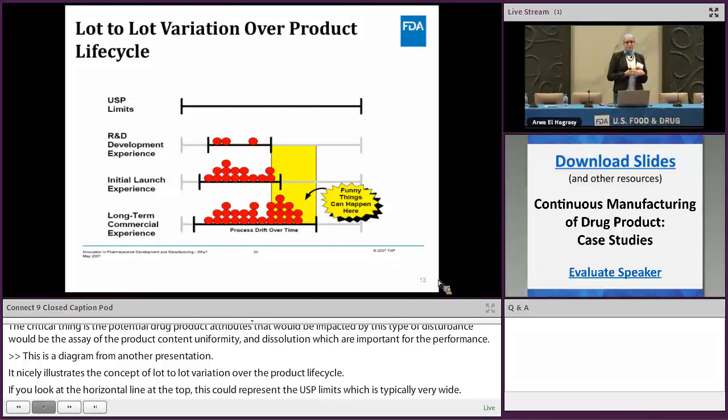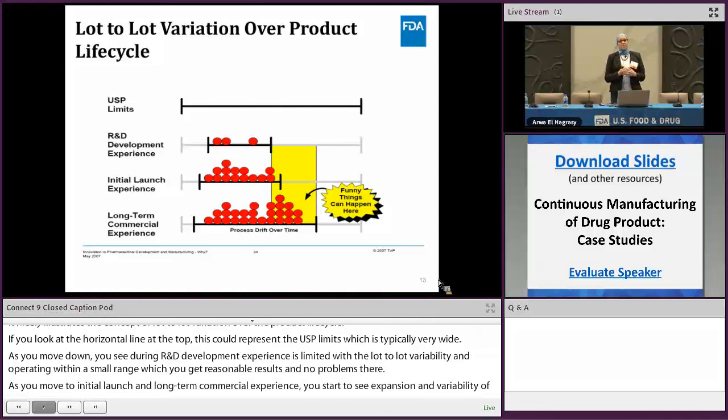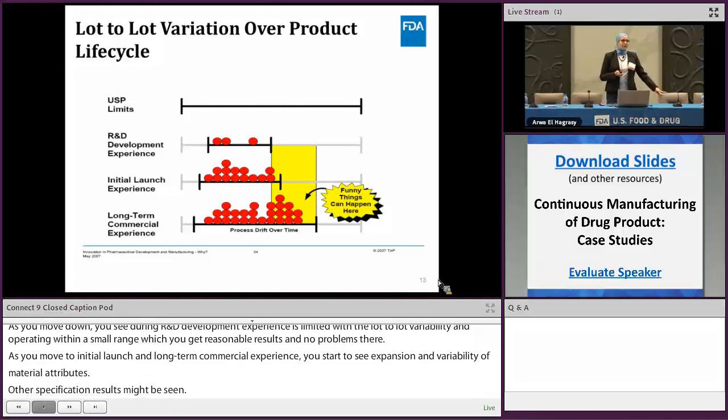As you move to initial launch and long-term commercial experience, you start seeing an expansion in the extent of variability of material attributes, and then out of specification results might be seen. So having a good understanding about how those material attributes could impact the process and the product and what attributes need to be controlled would be very important.